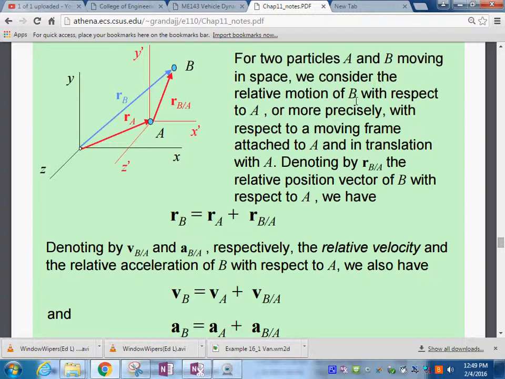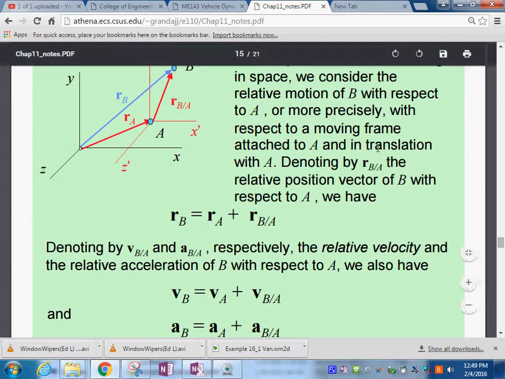For the position, you say the radius r_A plus the other radius r with respect to A. Okay, so we have that equation for the velocity as well as the same equation for the acceleration.